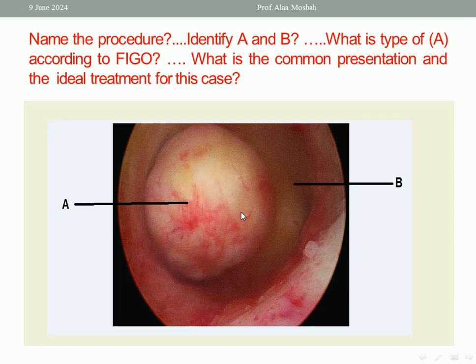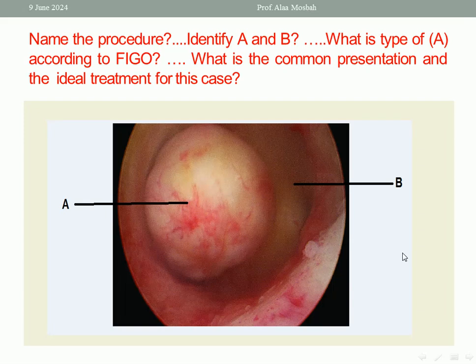What is the common presentation and the ideal treatment for this case? The patient commonly complains of heavy menstrual bleeding, or the old name menorrhagia. Also, she may complain of colic, uterine pain.